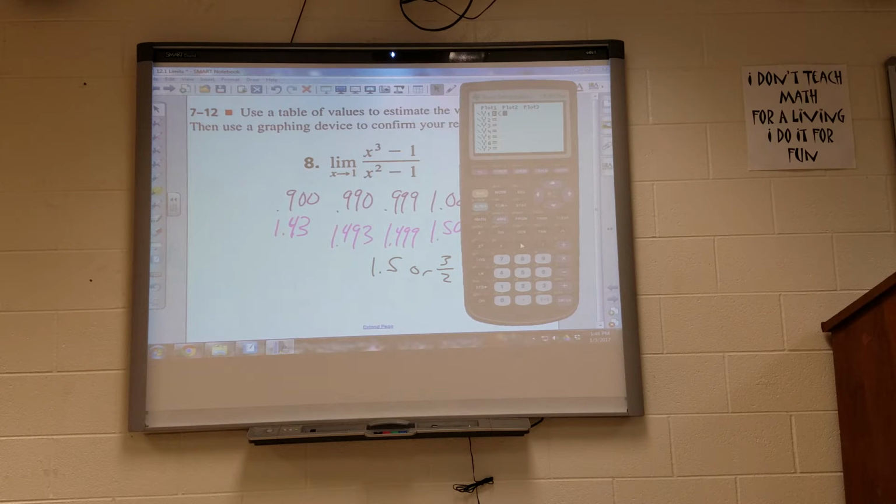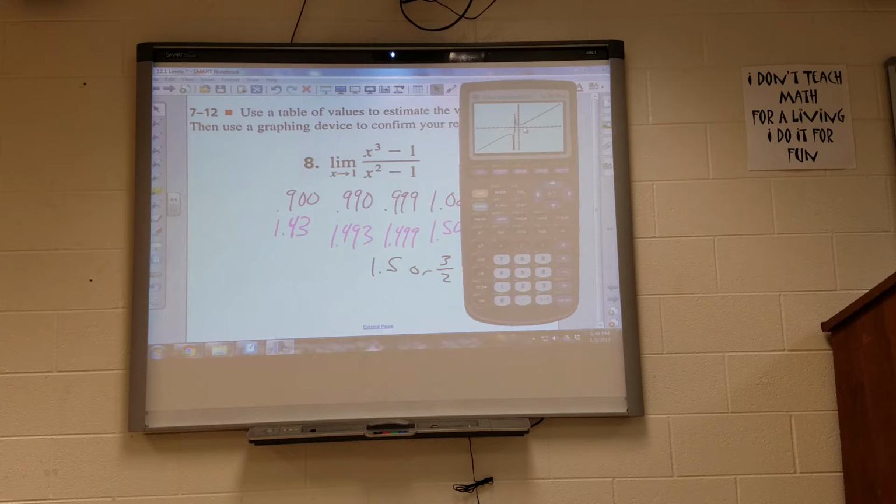So our numerator, x cubed minus 1, and my denominator, x squared minus 1. So that gives us that value, all right, and I'm looking for as x approaches 1.